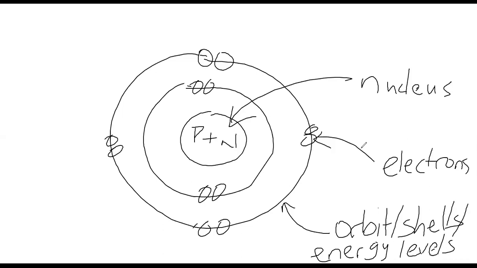So basically this is your atomic structure in simple terms. We'll be dealing with each of these individually. Everybody see what the atomic structure looks like? Everybody okay with that so far?